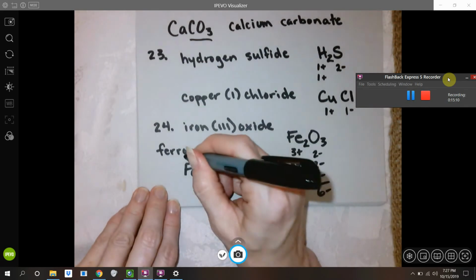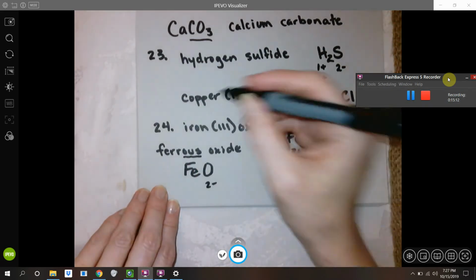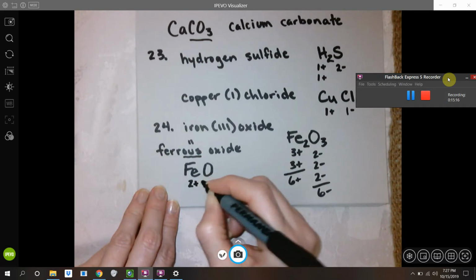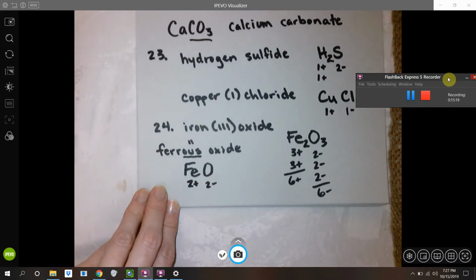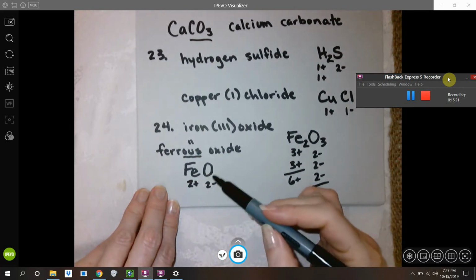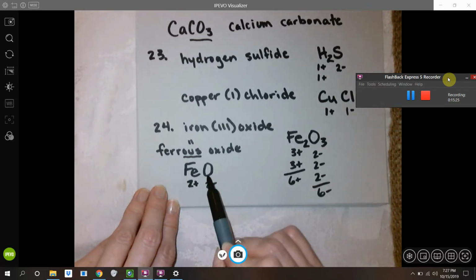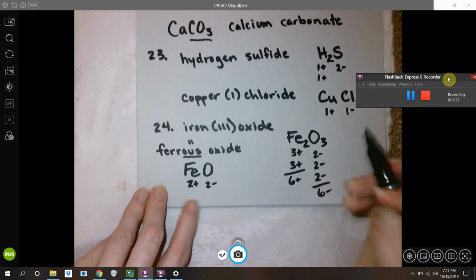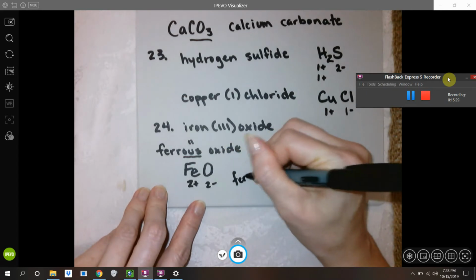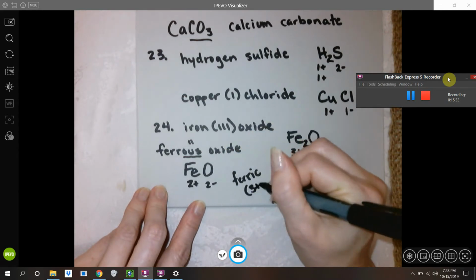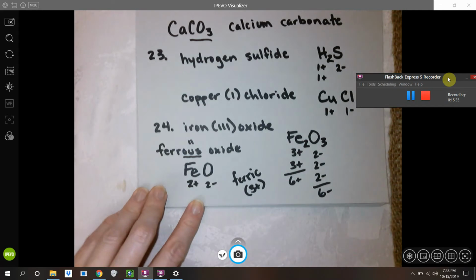Because it's ferrous, the charge is going to be 2 plus. So Fe 2 plus and O 2 minus, our charges are in balance, and our formula becomes FeO. Don't forget we also have ferric, which is 3 plus, as the other option.